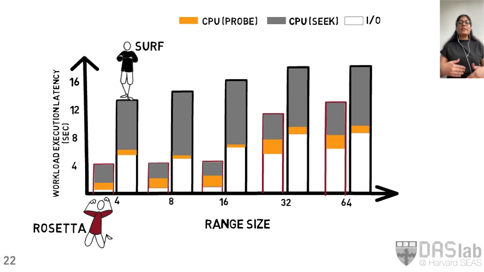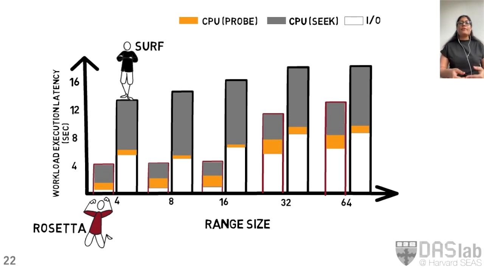Although probe is significantly higher in Rosetta, it's basically this CPU intensiveness of the design that leads to bigger gains. So Seek dominates the overall CPU cost, and a large part of Seek is directly influenced by the FPR of the filter. Therefore, sacrificing the filter probe not only lowers the FPR, but also reduces the overall CPU overhead, making a big difference in the end-to-end performance.